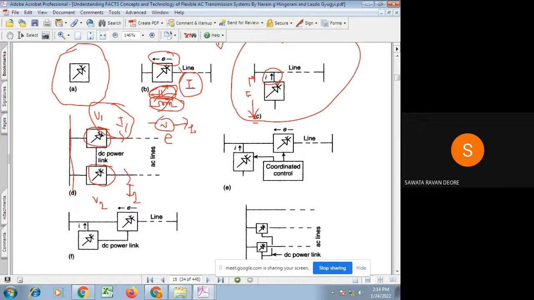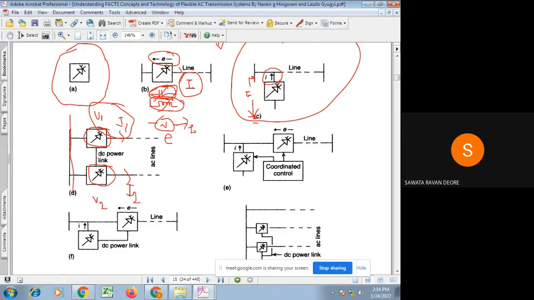But if it is injecting real power, from where does it take it? Or if it is absorbing real power from the line, where does it deliver that real power? That is done with the common DC link. Through this common DC link, the real power exchange between these two converters is done. That means if one converter is absorbing real power from that transmission line, then another converter has to take that real power.